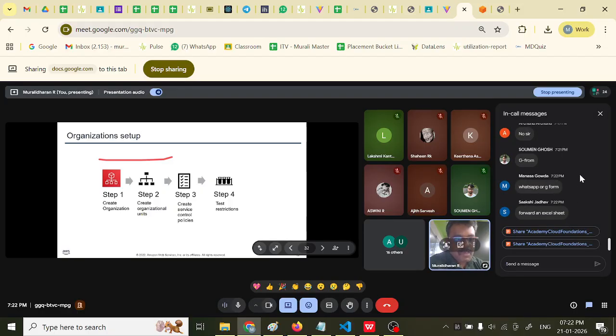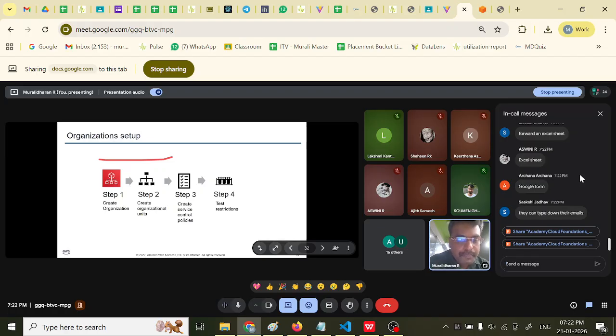Forward an Excel sheet. Okay. If you forward an Excel sheet, what will happen? Okay, Google form, right. If you forward the Excel sheet directly, they can type the name and email IDs.